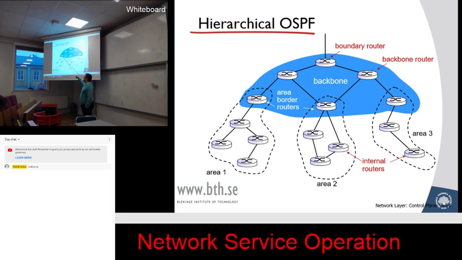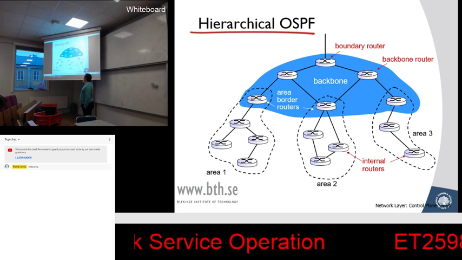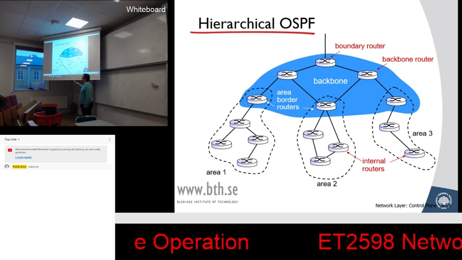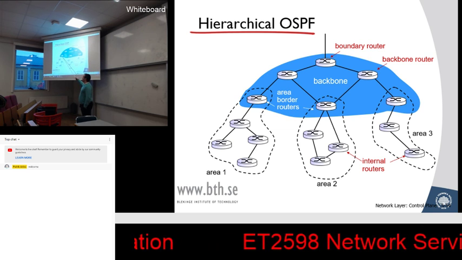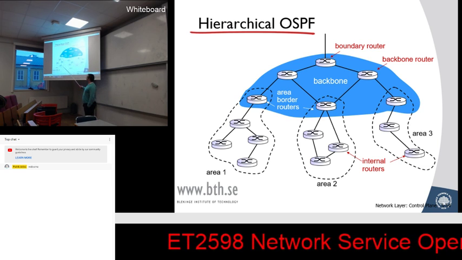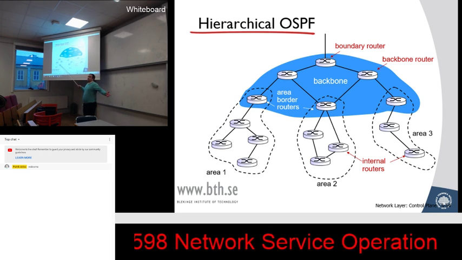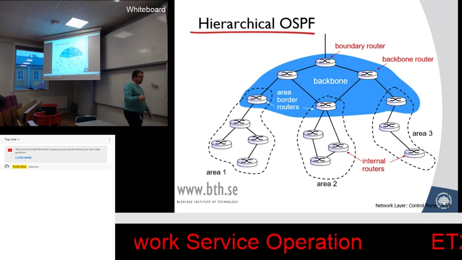This is aggregated up on this guy, and then it exchanges that information with these guys. It doesn't exchange all the inner details. It tells, hey, you can reach these networks through me. It doesn't say you can reach that network through that router, because these guys, how do I reach that router? It doesn't help me.